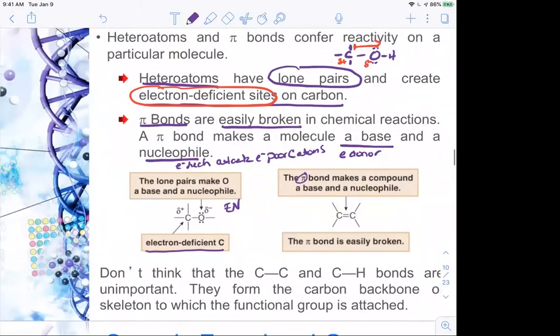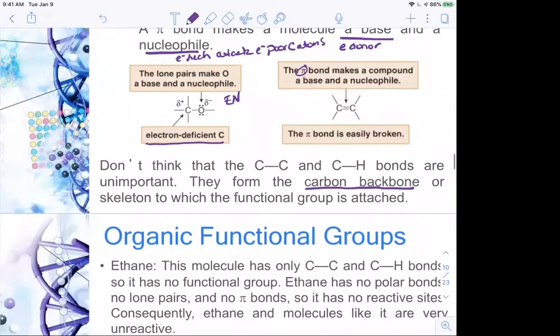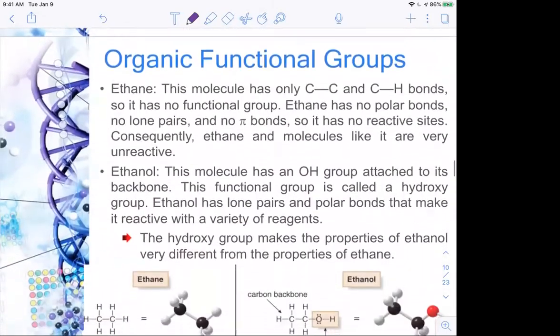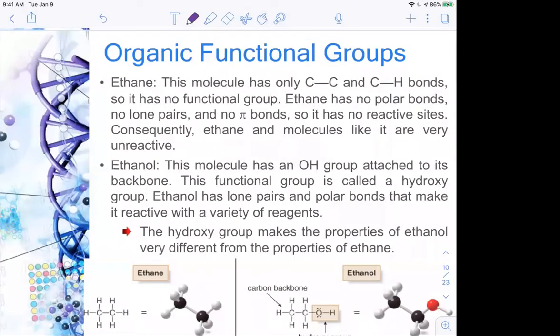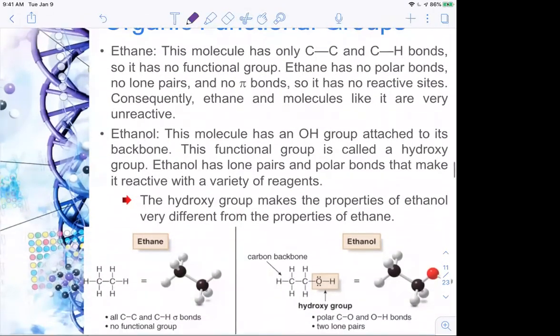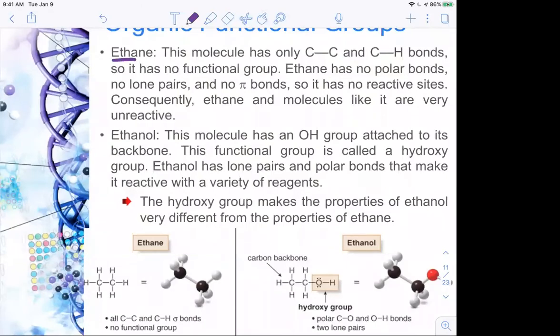Don't think that the carbon-carbon and the carbon-hydrogen bonds are unimportant. They're really critical in forming the carbon backbone of the skeleton to the functional group of the overall molecule. So let's look at the difference between a couple of functional groups. Let's look at ethane.